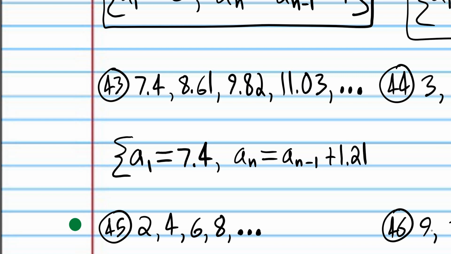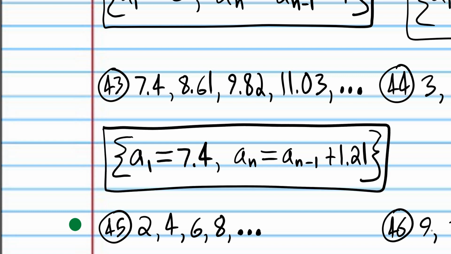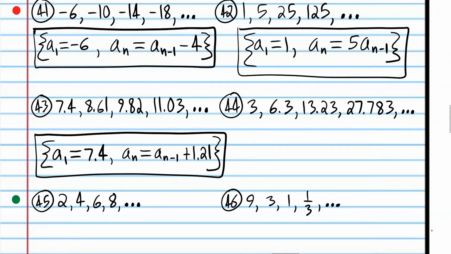I think that's the common difference for this particular sequence. I think we found that this was an arithmetic sequence. Again, these are all sequences that we saw previously in this class. We're just writing them in a different form.